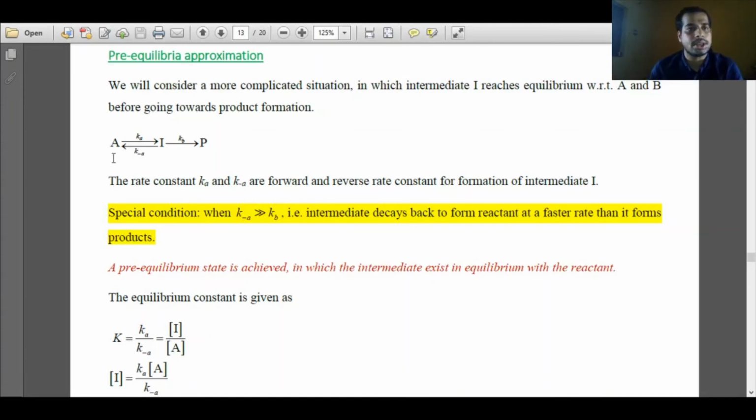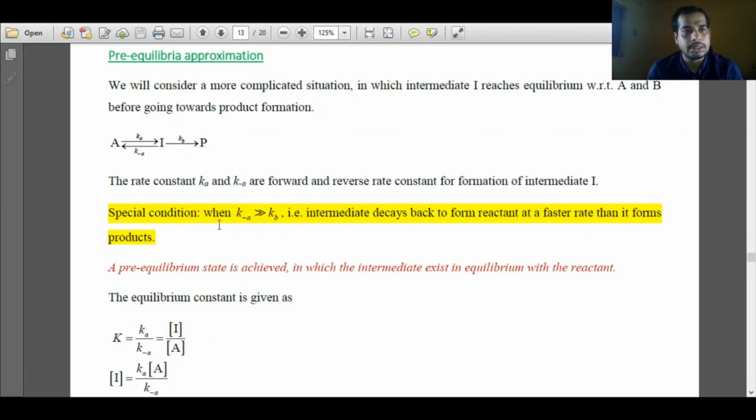Under such a condition, we can say that the pre-equilibrium approximation can be applied, but it applies only when Ka, the rate constant for formation of intermediate, is higher compared to Kb.